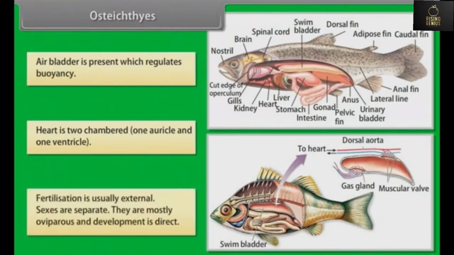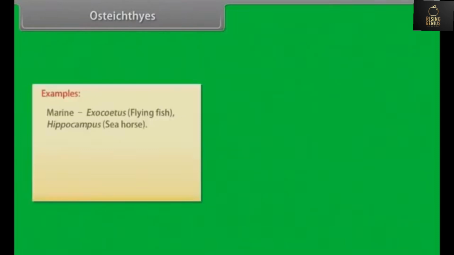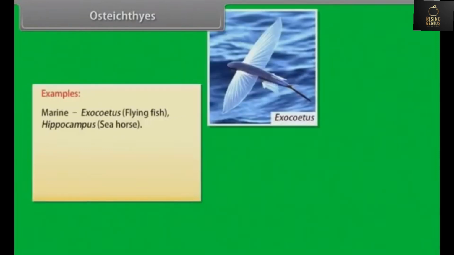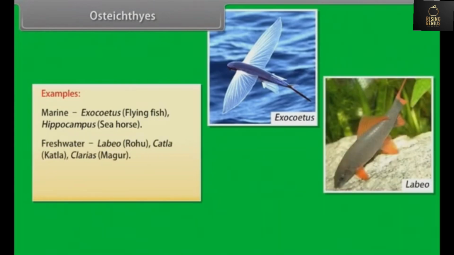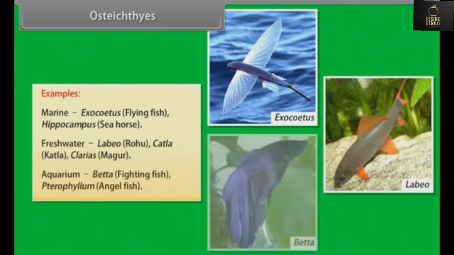Fertilization is usually external. Sexes are separate. They are mostly oviparous and development is direct. Examples, marine: Exocoetus, flying fish, Hippocampus, seahorse; freshwater: Labeo, rohu, Catla, Clarias, magur; aquarium: Betta, fighting fish, Pterophyllum, angelfish.